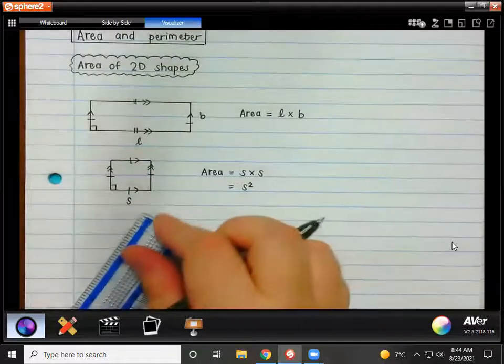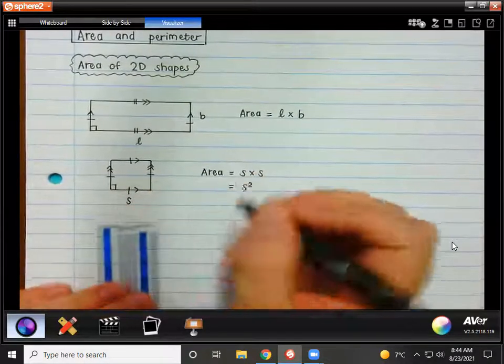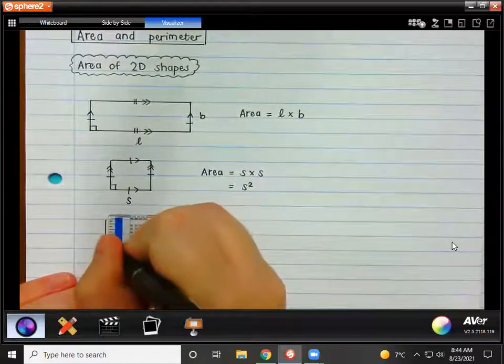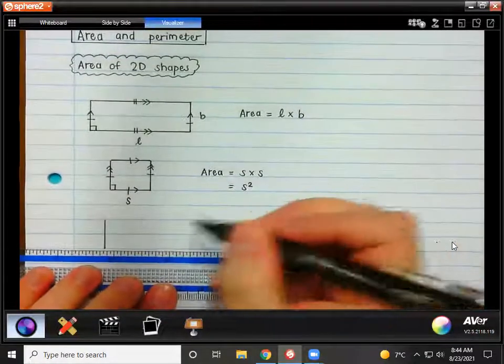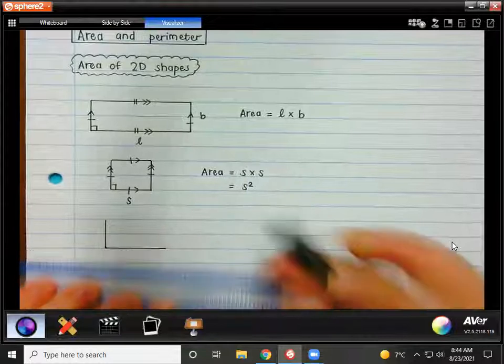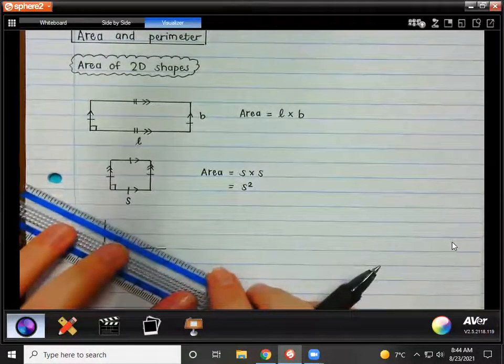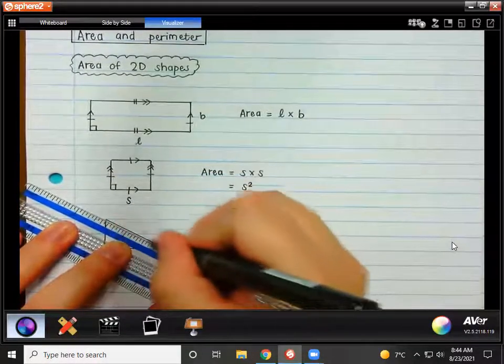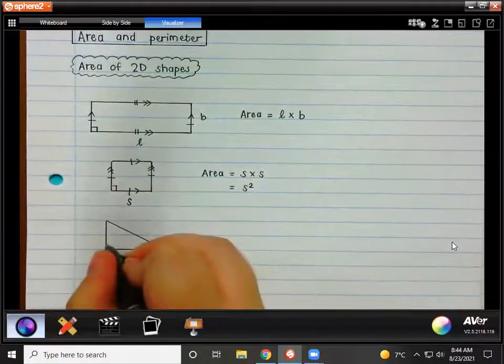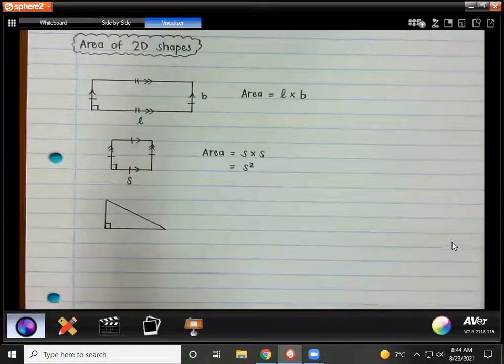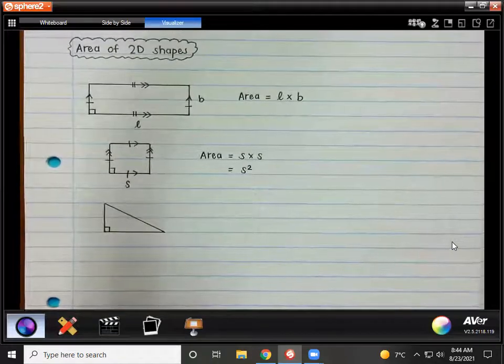Okay, the next one is a triangle. Now I'm going to draw a few different triangles here so that we can see how we need to be able to interpret them. All right, so there's a right angle triangle like that. We've done a lot of work with right angle triangles recently.